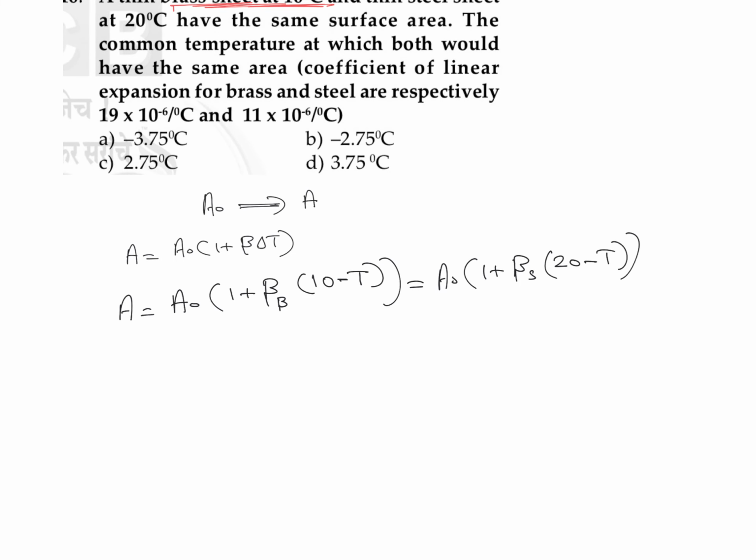We can cancel A naught from both sides, and then cancel the 1 on both sides as well. Now it becomes beta of brass divided by beta of steel equal to 20 minus T divided by 10 minus T.